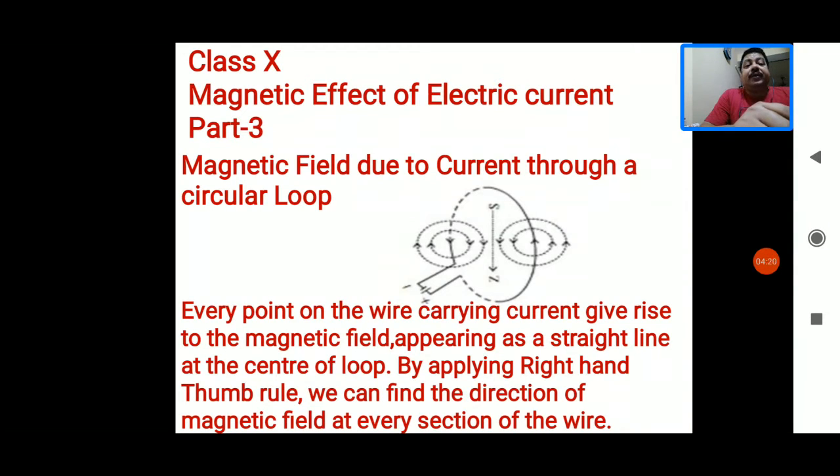But where the direction of current is downward, at that place the direction of the magnetic field is clockwise. So we get the resultant magnetic field, and from the center it is always a straight line.